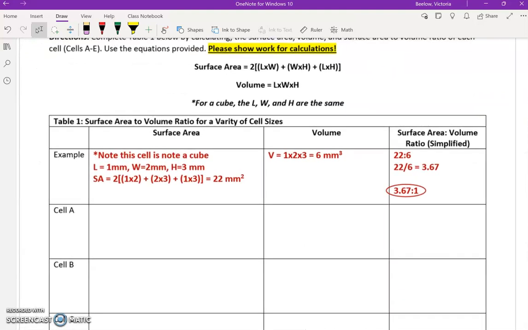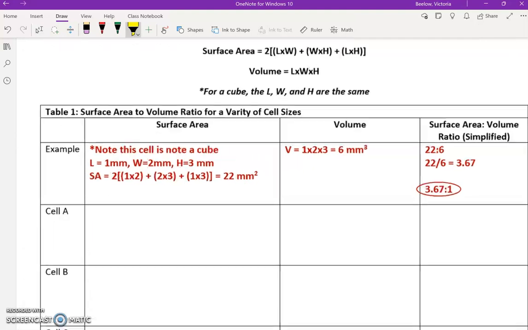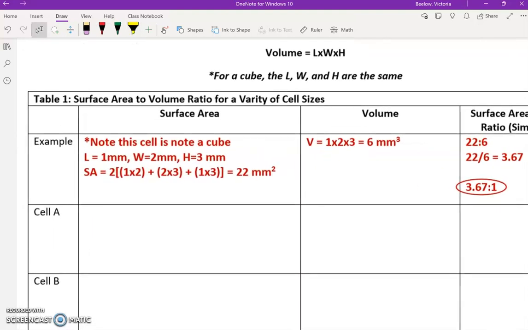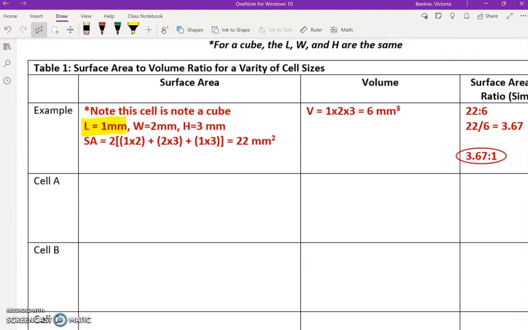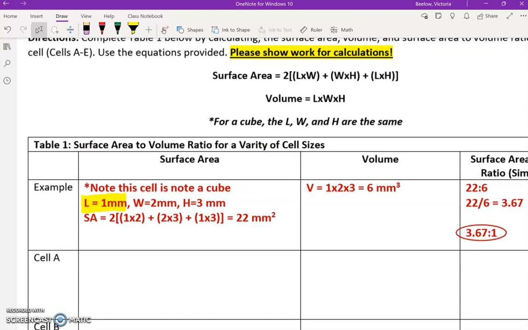So I'm going to walk through the example problem, okay? Note that this cell is not a cube. This is just an example problem, okay? So I'm going to do some highlighting so you can see how I plug things into the equation. So if you have your length here, which again for cell A through E, your length, width, and height will be the same. I'm just using this one as an example.